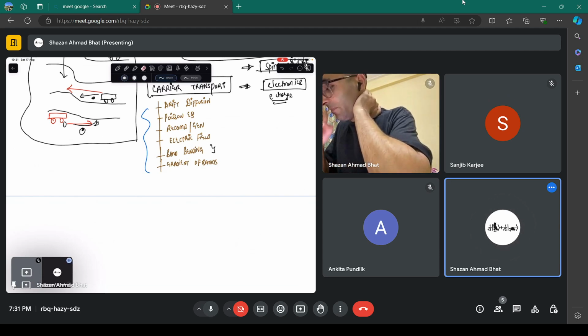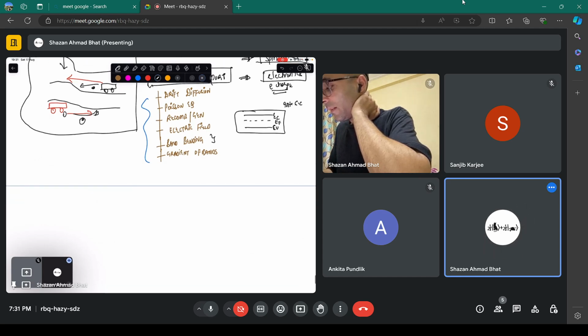First of all, let's see what happens if you have, let's say, a simple chunk of a semiconductor. You have a conduction band, you have a valence band. This is a simple intrinsic semiconductor, and you have a Fermi level in the middle, something called an intrinsic level.